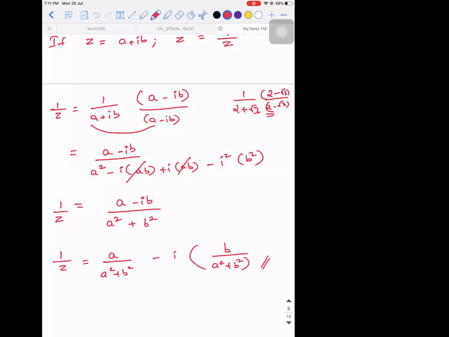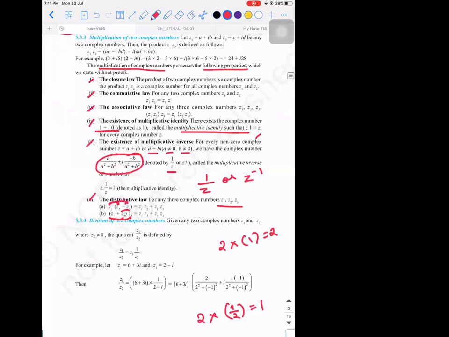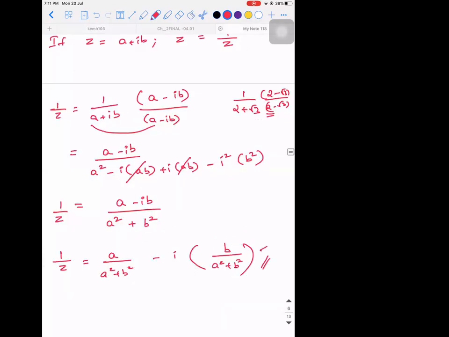Is it clear? So now if you verify, this is the same thing that would have been given there. A divided by A square plus B square minus i into B divided by A square plus B square. Is it clear? Yes, sir. Now understood how it has come. Now make a note of it.